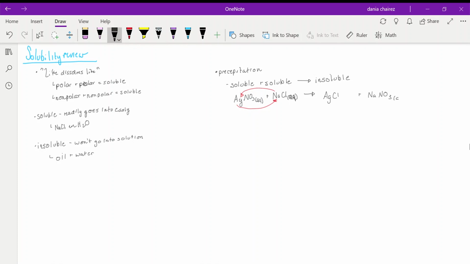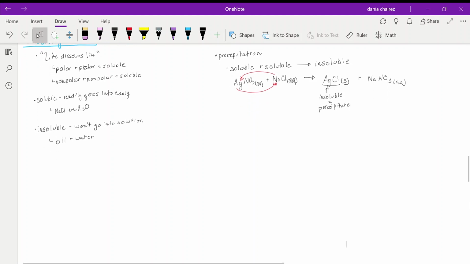Sodium nitrate is soluble, but silver chloride is not, so therefore it gets the solid subscript. So this thing is our insoluble product, which makes it our precipitate. Essentially it's your insoluble thing.